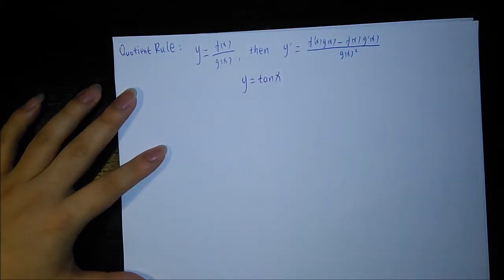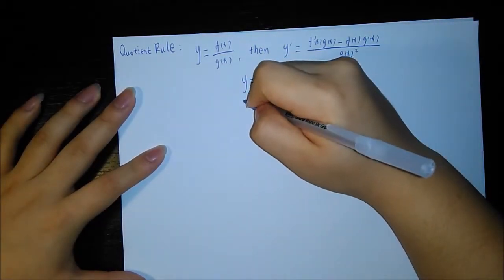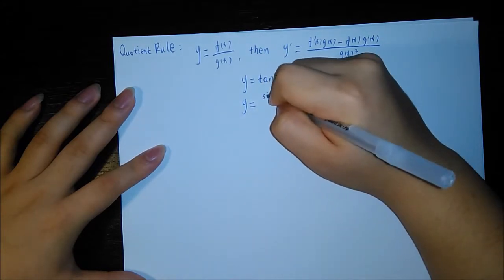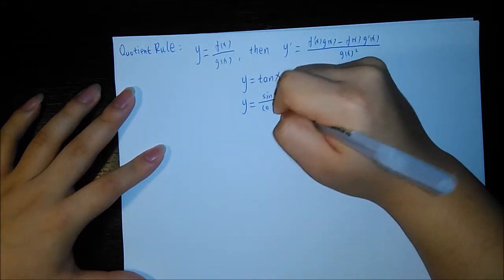So y is equal to tangent x, and we know tangent is equal to sine x divided by cosine x.